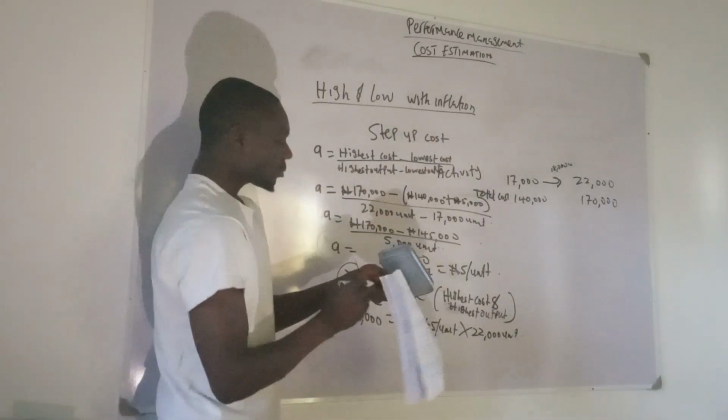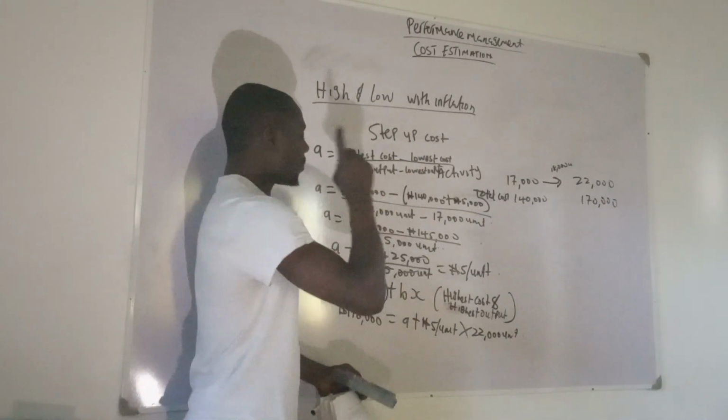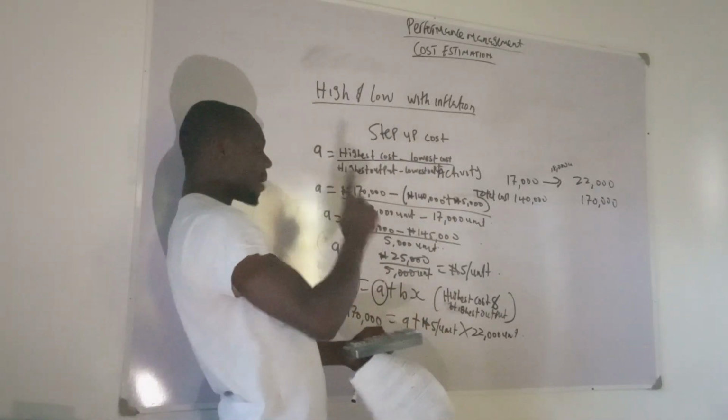Don't forget that this is variable cost per unit. It will cost them 5 naira per unit.